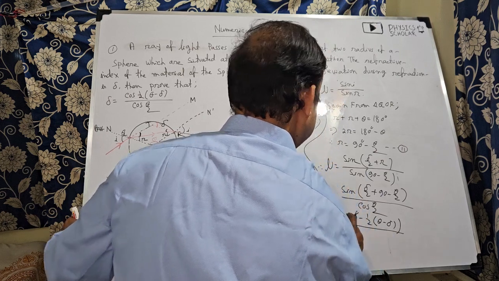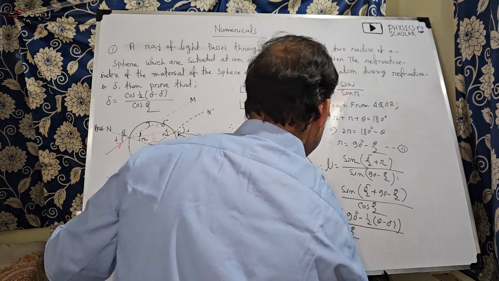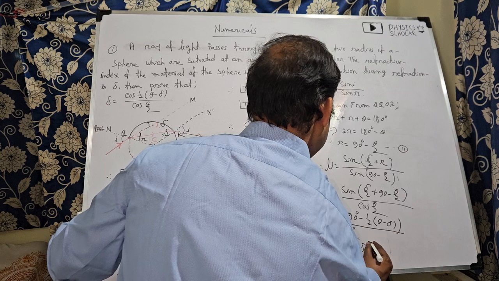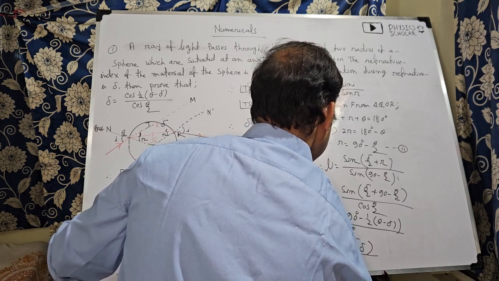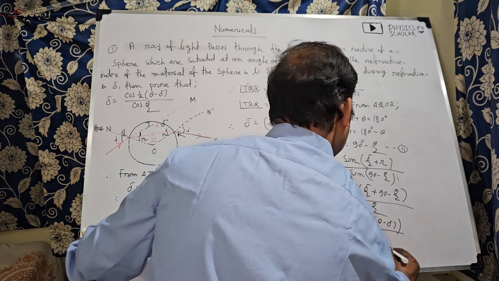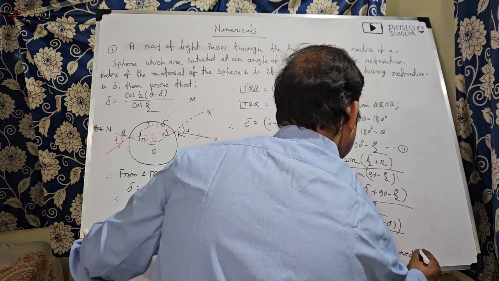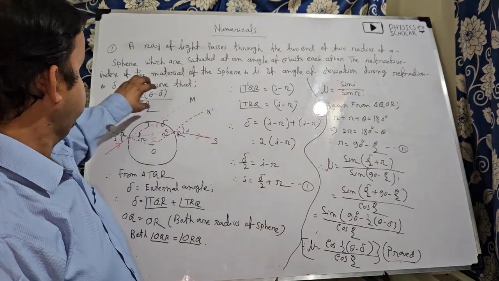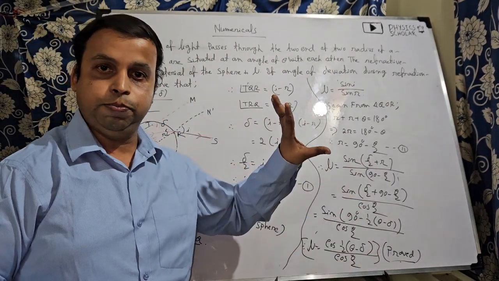Therefore, mu is equal to sine 90 minus theta, which means cos theta, cos of half into theta minus delta, divided by cos theta by 2. This is proved. So, you have understood? Okay. So, this we have proved here.